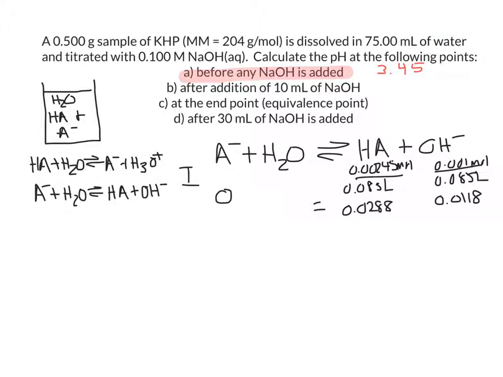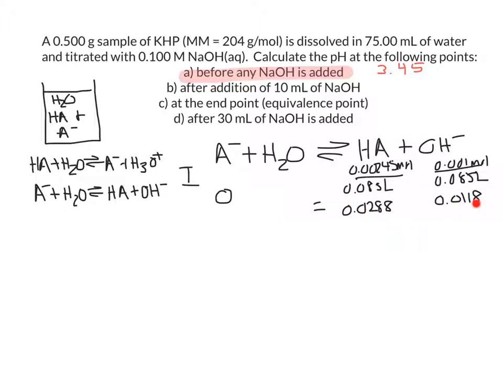Now, if I think about this problem, because this is a base hydrolysis, I'm going to need a Kb value for solving this equilibrium reaction. Since the Ka value is small, my Kb value is going to be small. And so that means that I should have very few products at equilibrium.